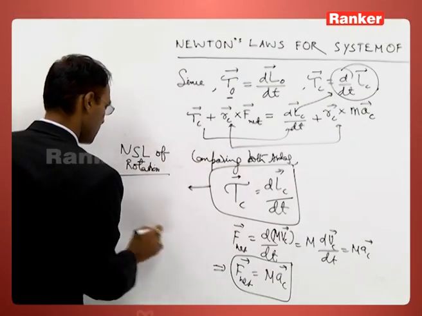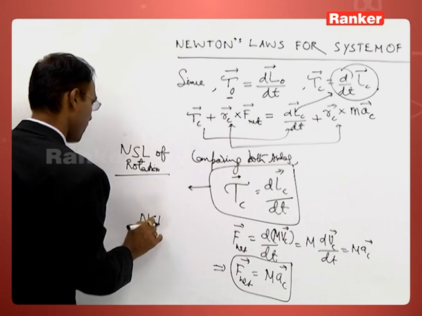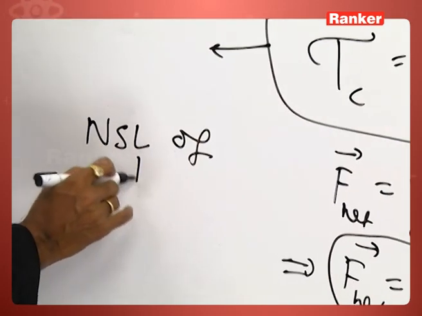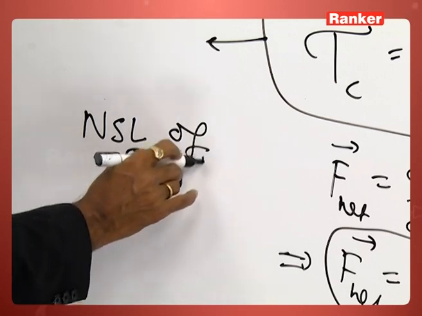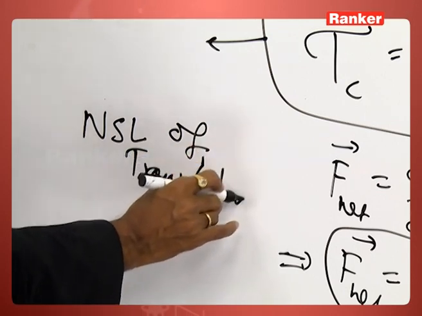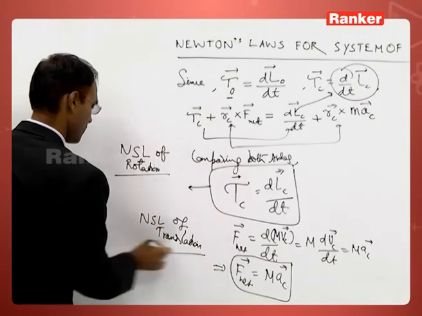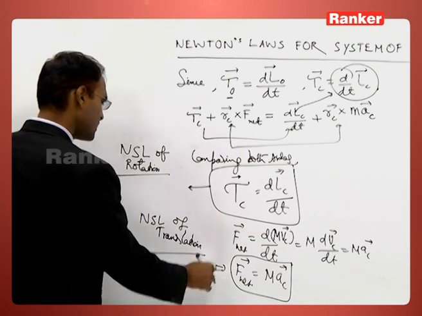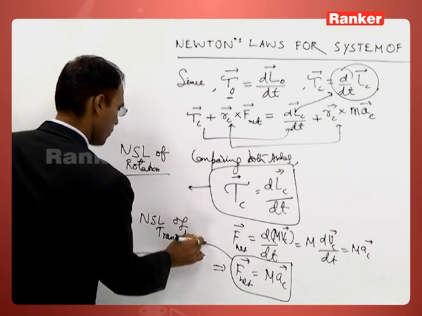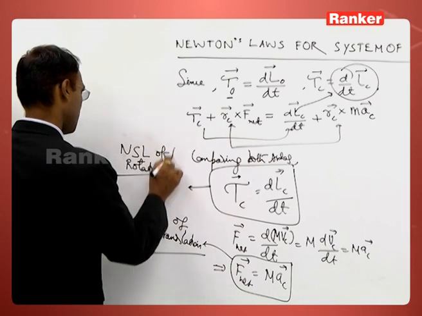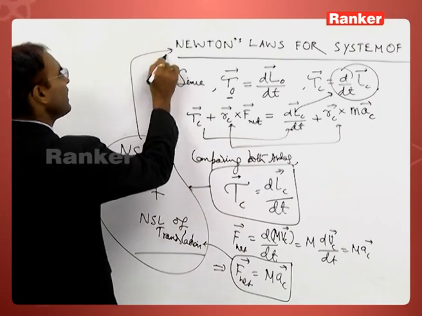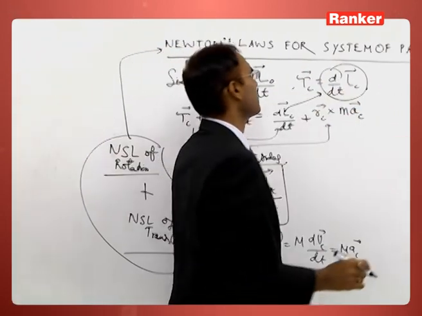This is called Newton's second law for translation. And combining these two will give us Newton's laws for system of particles.